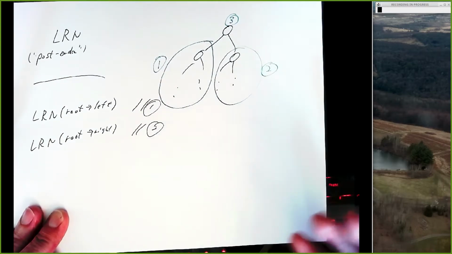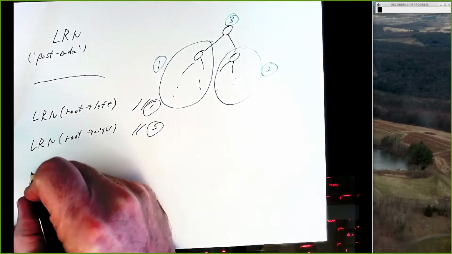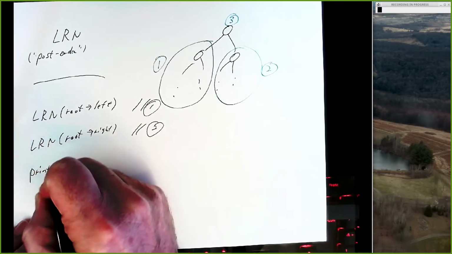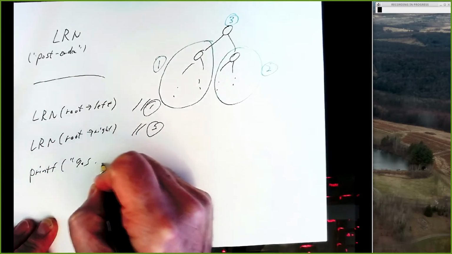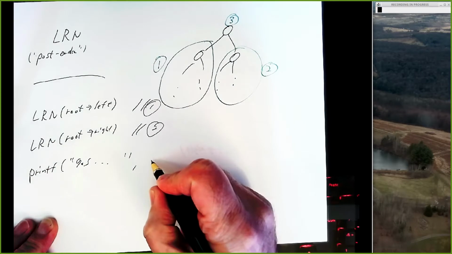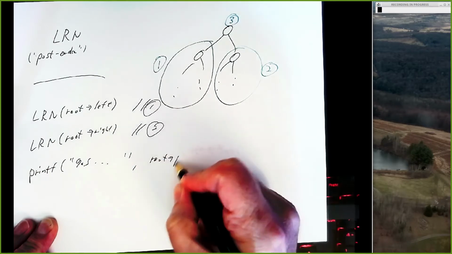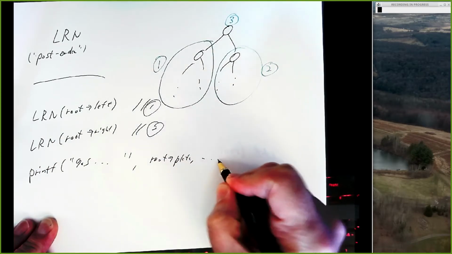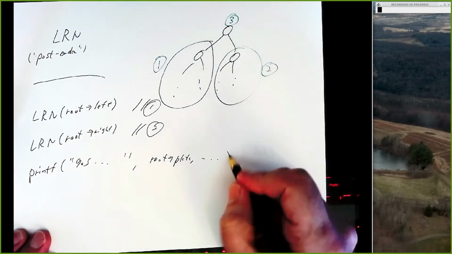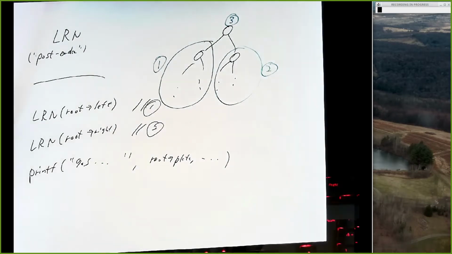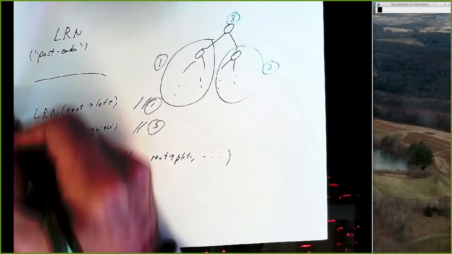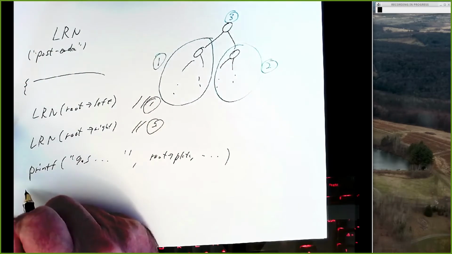And now the only thing left to print is the actual root node data, and so this is just a printf, and just print root arrow plate, root arrow first name, last name, and so on and so forth. And so that's almost your complete LRN function.